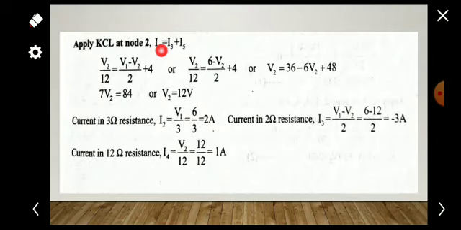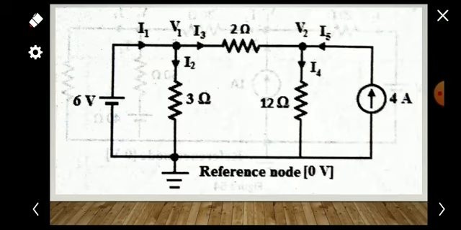Listen carefully for the equation for I4. I4 is flowing from the voltage node V2 to the reference node. Current always flows from higher potential to lower potential, so we take the potential difference: V2 minus V reference, divided by 12.